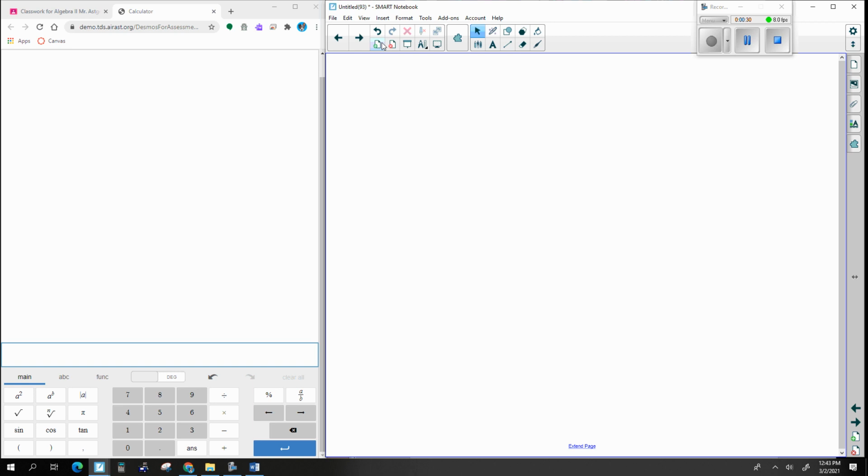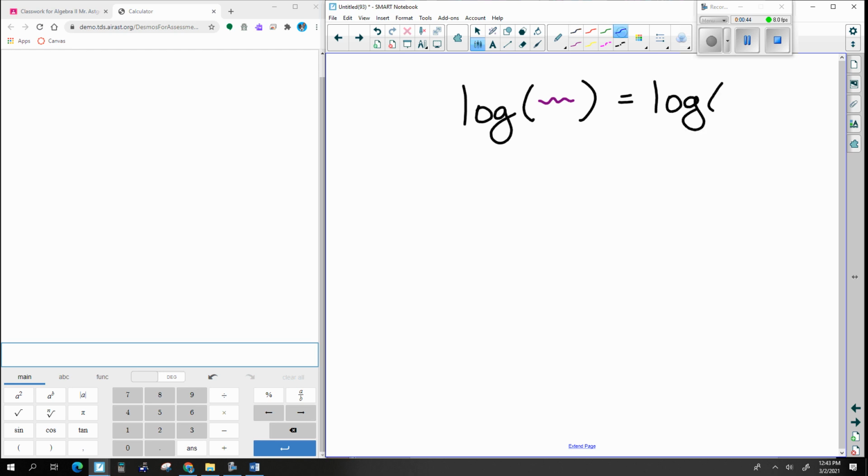All right. So the first thing that I would encourage you to do, if you can, is get a logarithm with everything in it equal to a logarithm with everything in it. So nothing is outside.